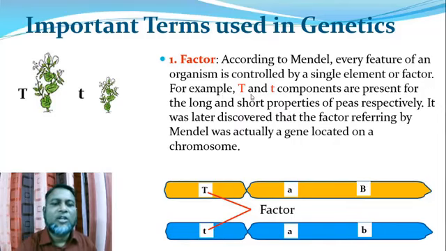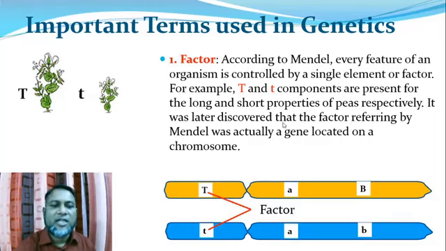For example, symbolic capital T and small t are present for the long and short characters. We show here capital T means long plants and small t means short plants of sweet peas.